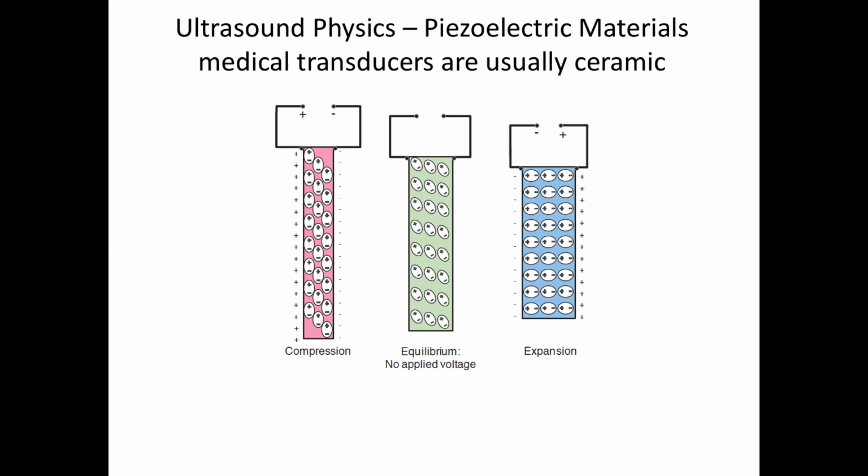So when you put a voltage across the crystal, these elements will shift and change their alignment. And when you reverse the polarity, they'll shift in the other direction and change their alignment that way. So you can put this voltage signal across from positive to negative and make the crystal oscillate, essentially.